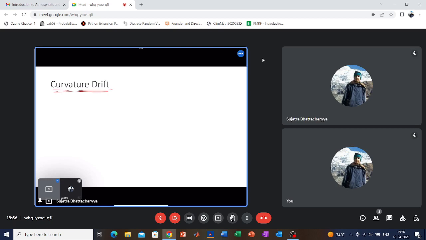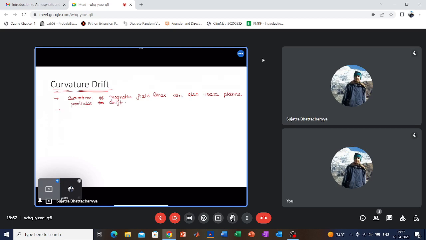So let us write what this curvature drift means. Curvature of magnetic field lines can also cause plasma particles to drift, right?